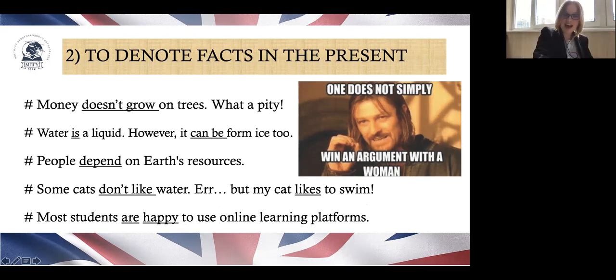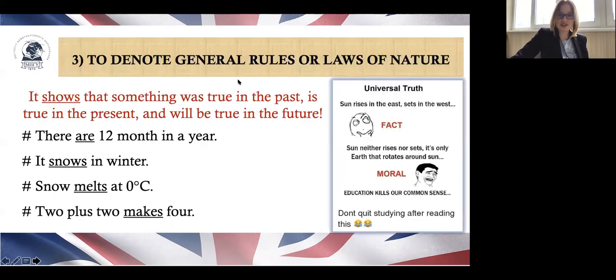Most students are happy, but how to understand who exactly likes to use these particular learning platforms, it's quite difficult. And one more meme that is presented on this slide: one doesn't simply win an argument with a woman. Again, quite a controversial fact.